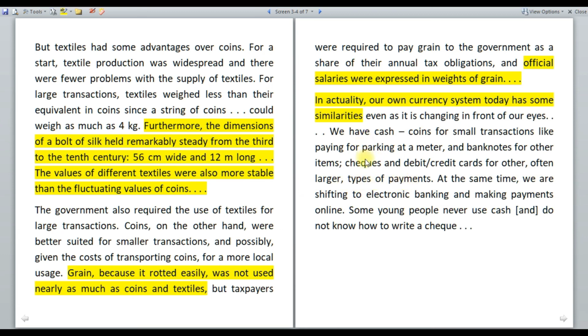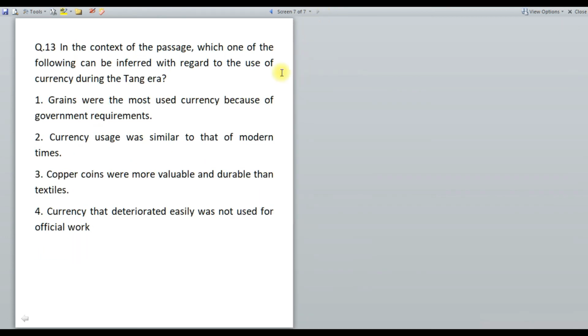See, so he is pinpointedly talking about the difference in usage. So the difference in usage existed during the Tang period, and the difference in usage exists today in the present currency system. This being the case, we can very clearly infer option number 2, as in the currency usage was similar to that of modern times, and therefore this is the correct choice.